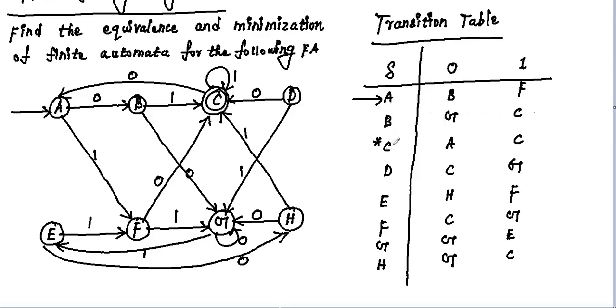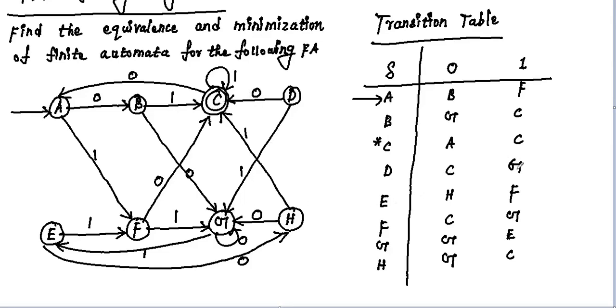Next state C: C0 reaches A, C on symbol 1 reaches C itself. Here you write AC. D: D0 reaches C, D1 reaches G.